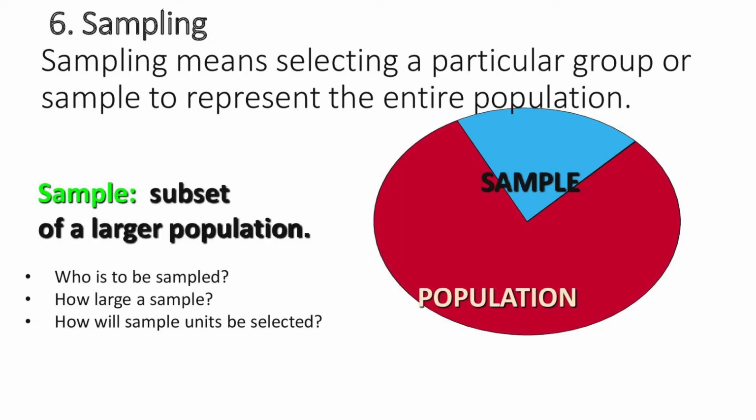What do you mean by sampling? Sampling means selecting a particular group or sample to represent the entire population. It is not possible to study the entire population, so we will choose a sample to characterize the entire population. Let us take the same example of what mentors learn that I shared with you in the last session.